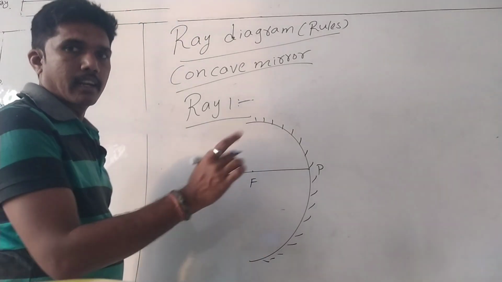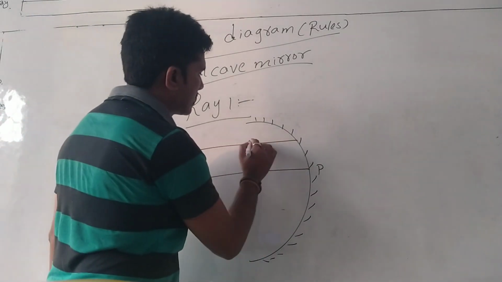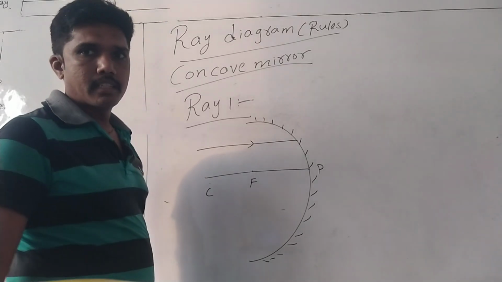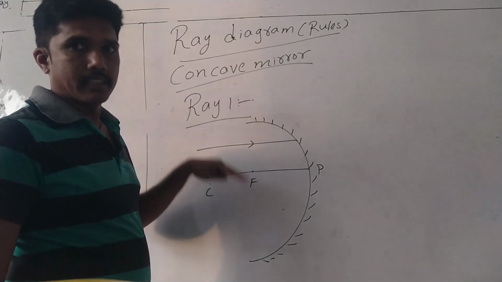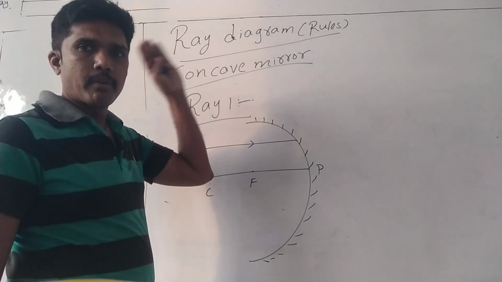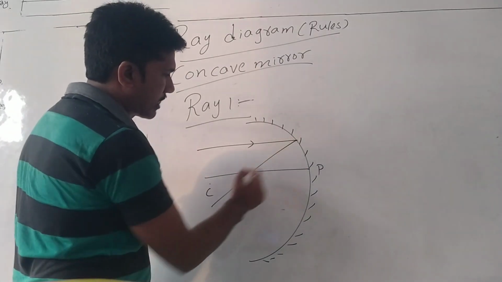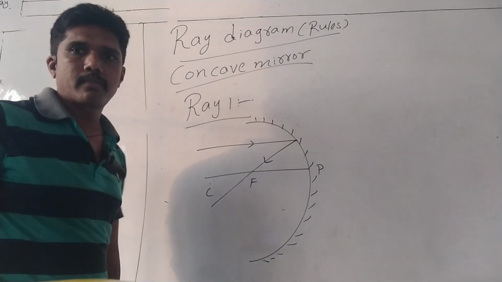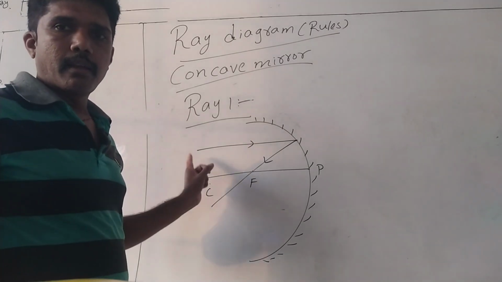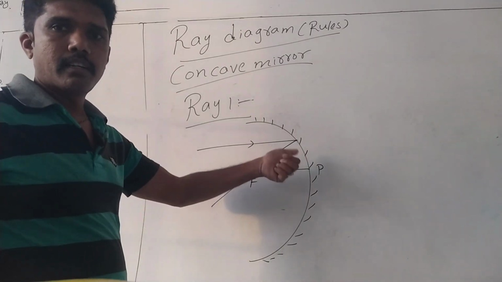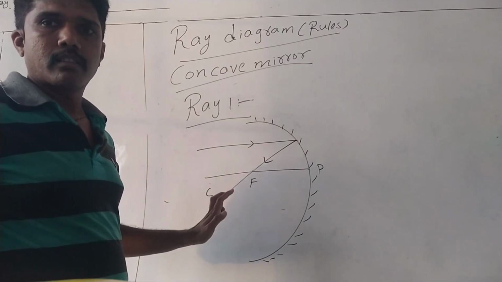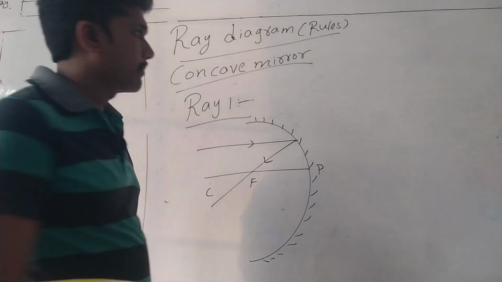When the ray is parallel, parallel to the principal axis, a straight line, a ray coming from infinity, after reflection it will pass through the focus. Ray parallel, after reflection, it passes through the focus.